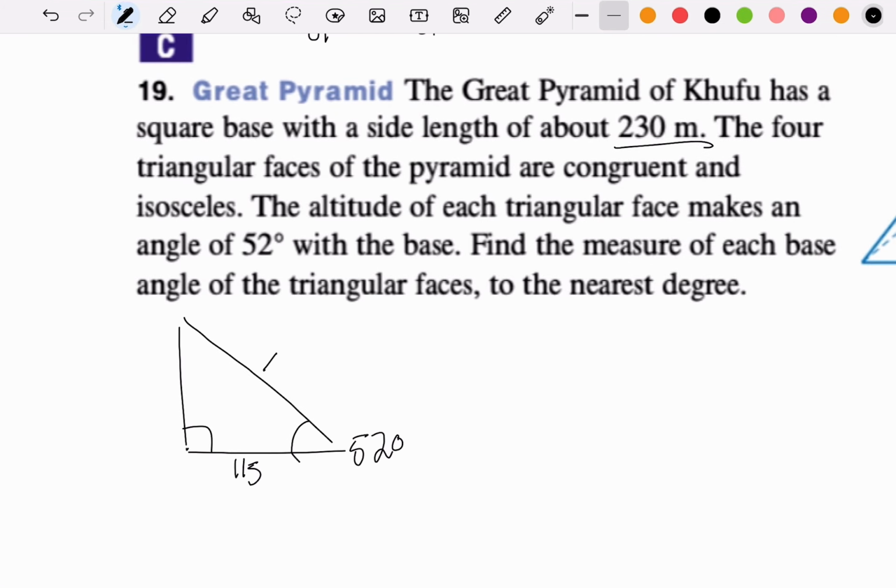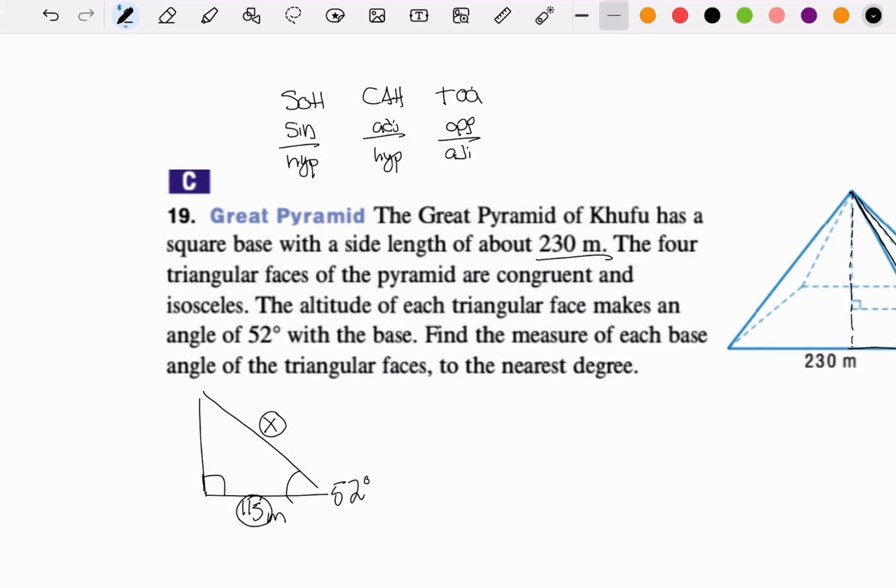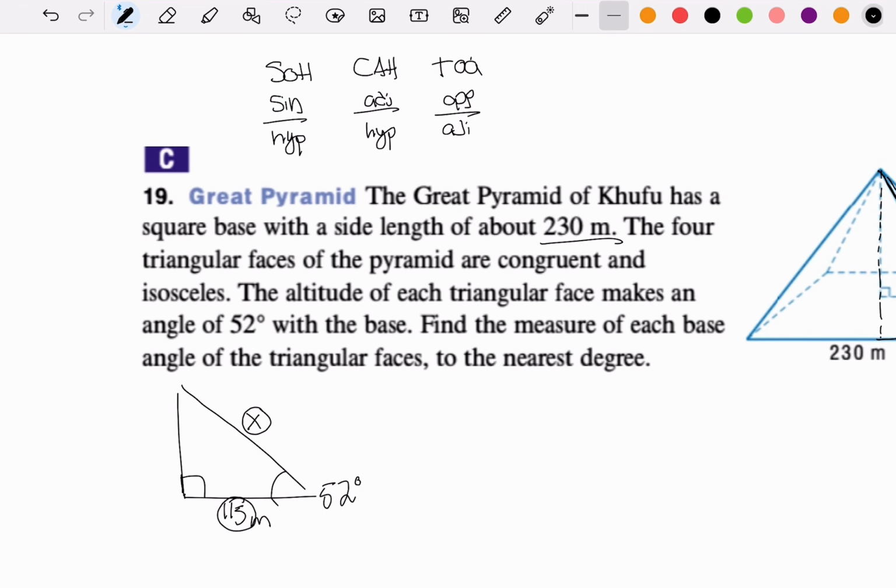So we need to find x, and we have 52 degrees of a right angled triangle, so we can use SOHCAHTOA in our trigonometric properties, and then we also have this side length of 115 meters. So we can use cosine for this.